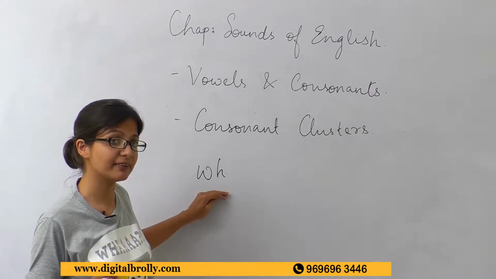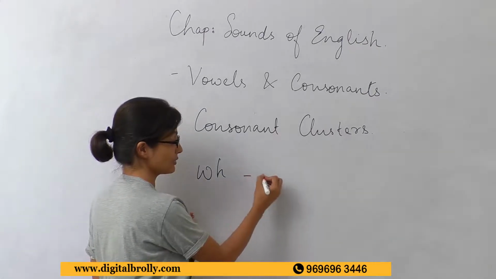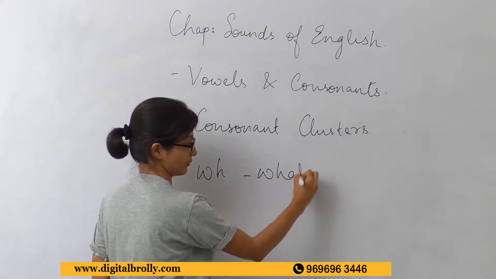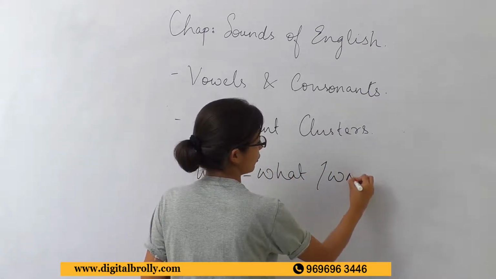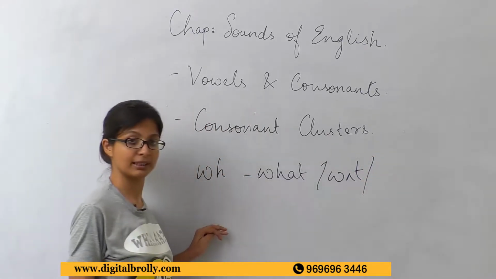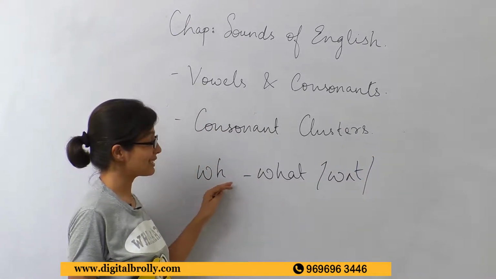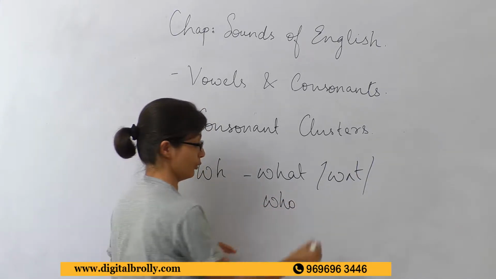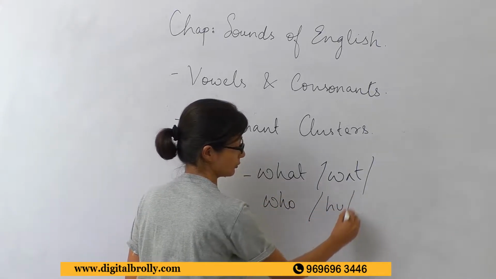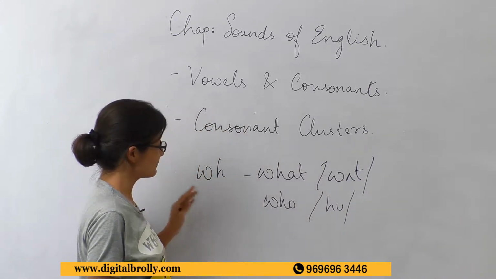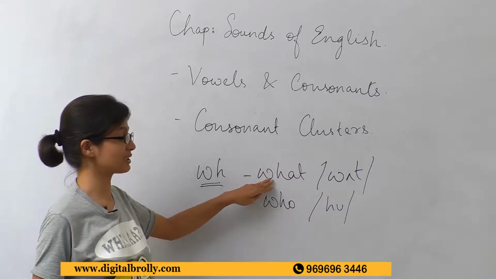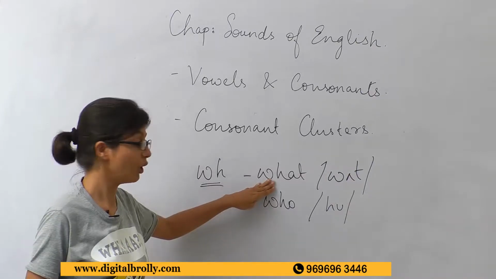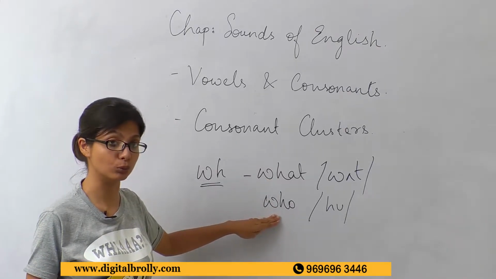But when together they come, they produce a sound as in what, where you have what. Yes? However, this has a very different pronunciation when you write WHO, which means who. So, this very combination can be pronounced as W as in what or H as in who.